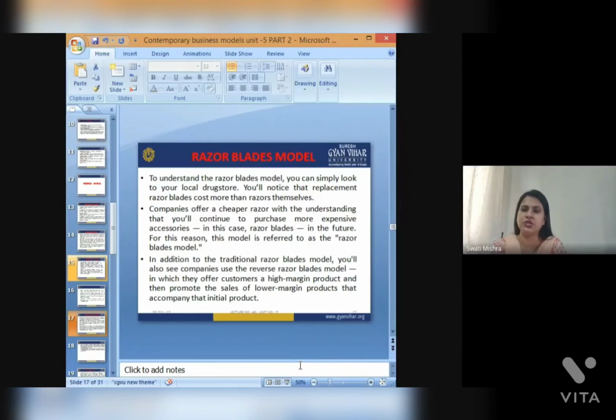In addition to this traditional razor blades model, you will also see companies use the reverse razor blades model, in which they offer customers a high margin product and then promote the sales of the low margin products that accompany that initial product. Another example that I gave in the previous session was printers. Say you buy a printer, and then the cartridge that you want to refill in it is more expensive.